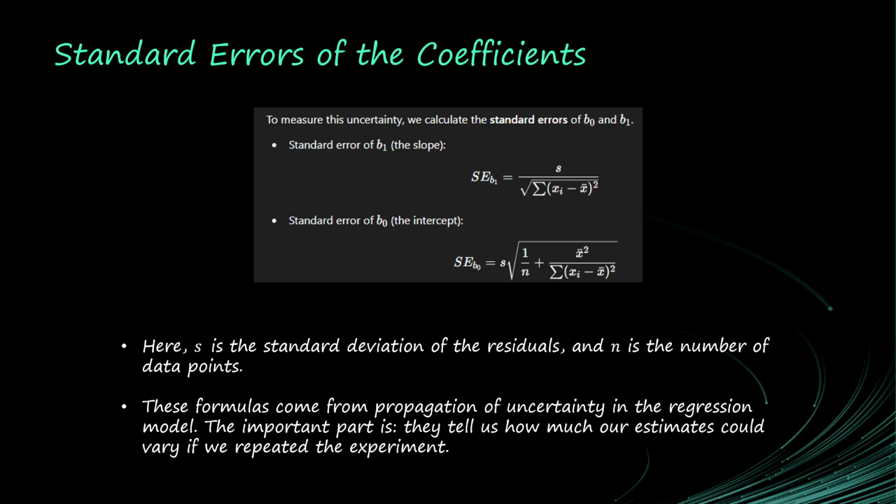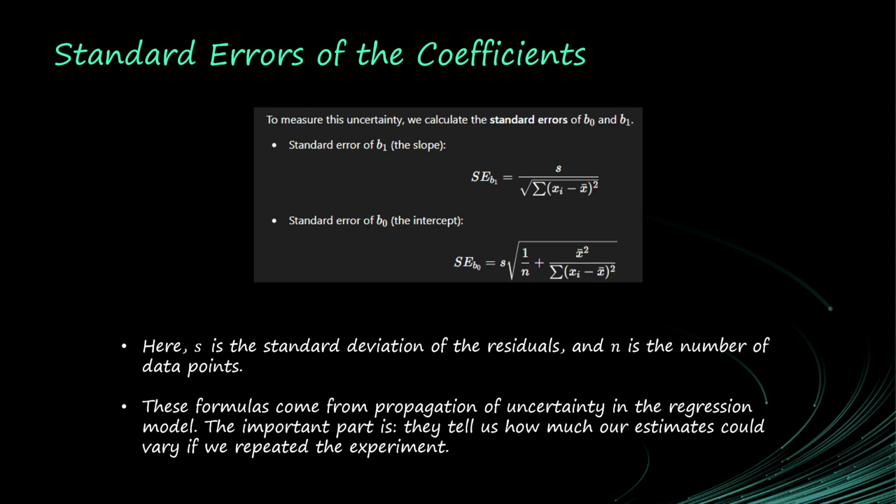So to measure this uncertainty, we calculate the standard errors of b0 and b1. First, the standard error of b1, which is the slope. SE sub b1 equals S divided by the square root of the sum of x sub i minus x bar squared. And the standard error of b0, which is the intercept.